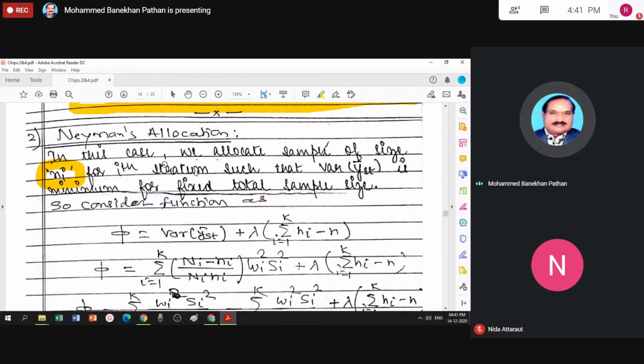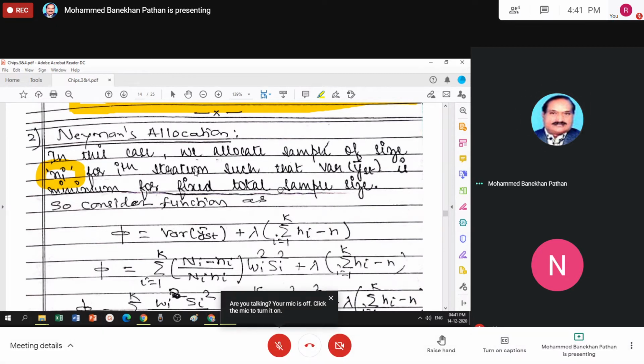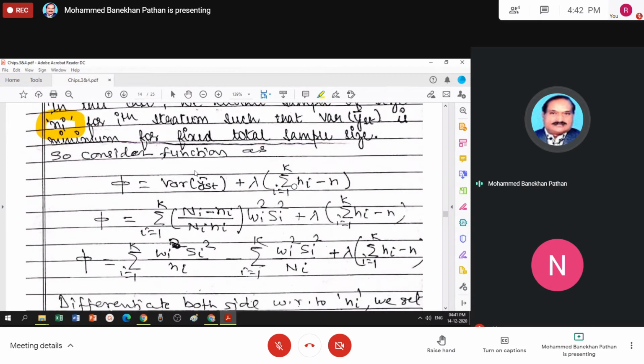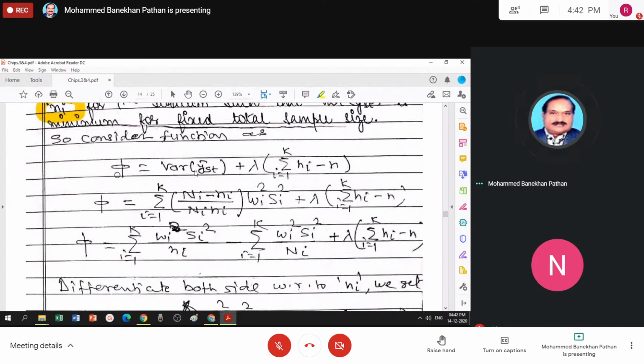So I want to decide ni which provides minimum variance with the condition that sample size is fixed. That means small n is provided to you.